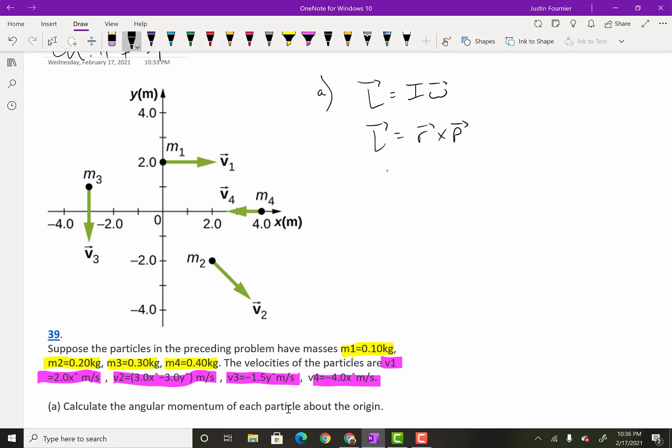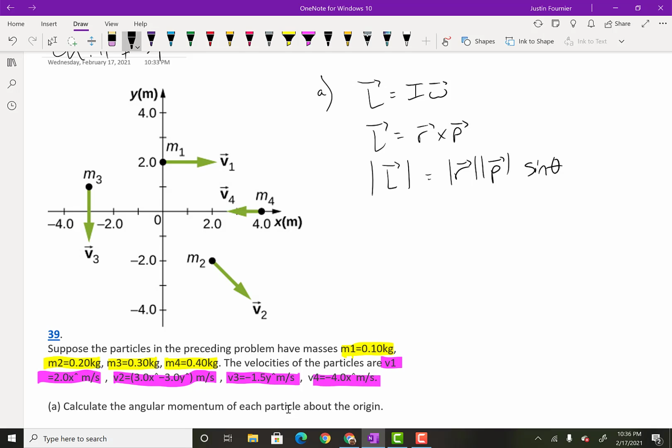However, the other way that we could write the magnitude is the magnitude of the r vector times the magnitude of the momentum multiplied by sine of the angle between those two vectors. We've seen this time and time again. That's the angle between those two vectors right there.